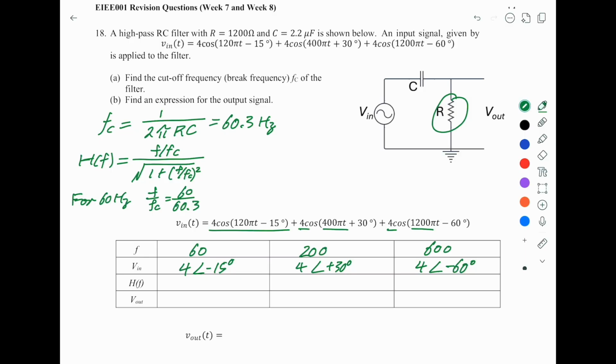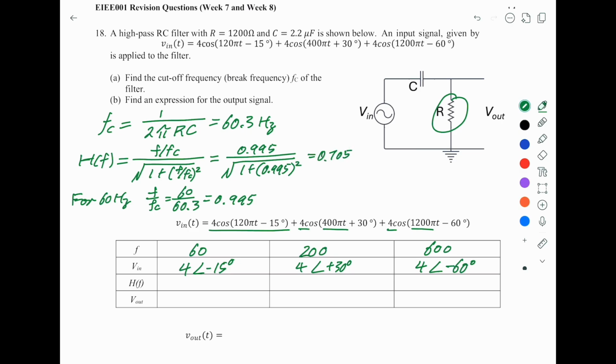So this is equal to 0.995. So the amplitude of the transfer function is 0.995 over square root 1 plus 0.995 to the power of 2.